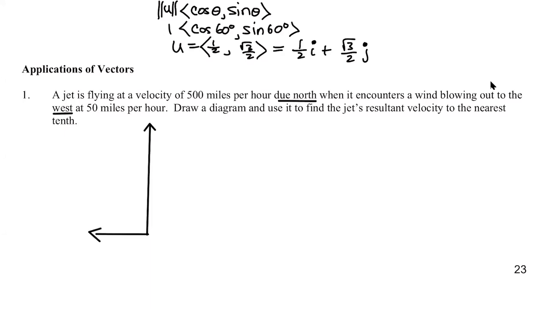All right. Now they give us the velocity. Now velocity involves magnitude and direction, but we'll just focus on the magnitude for a second. It's got a value of 500, right? And it's going in the northern direction, all right? And the wind is going out to the west at 50 miles per hour.